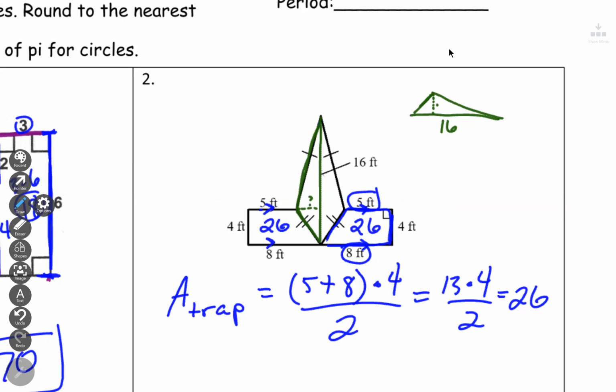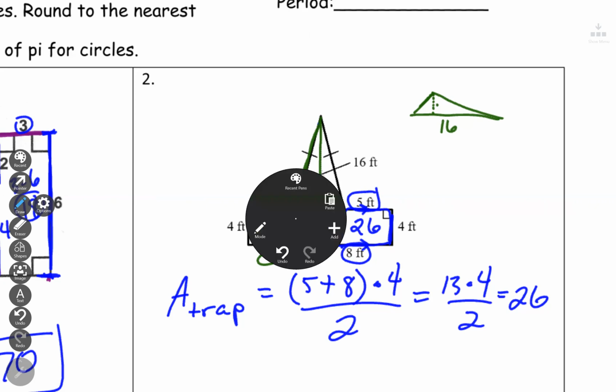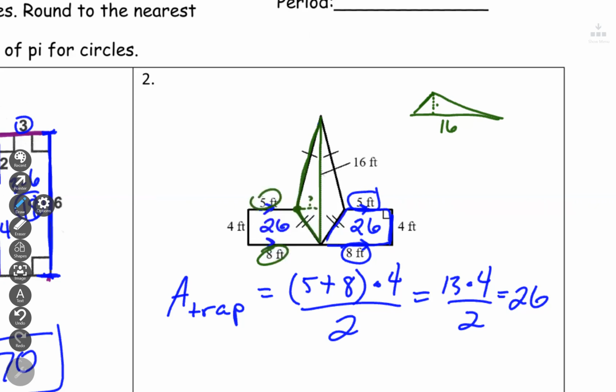Now I'm going to figure that out by looking at my side measurements here. I can see the top of the triangle intersects with this 5-foot part right here. And then this bottom side of it is at the 8-foot part. So now I just say, oh, okay, what's the difference between 5 and 8? Well, it's 3. So my height right here is going to be 3.